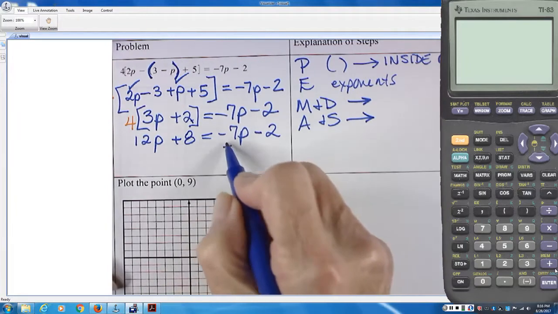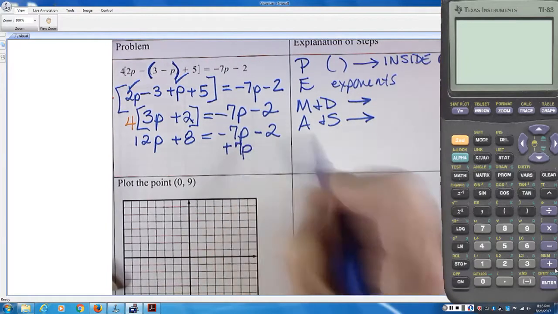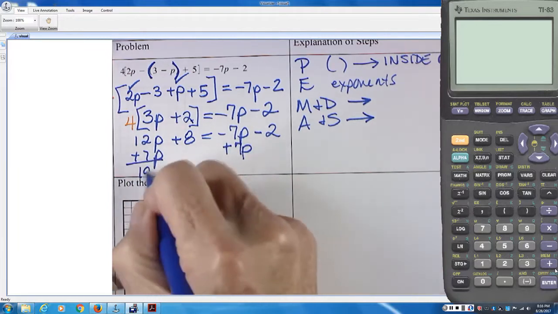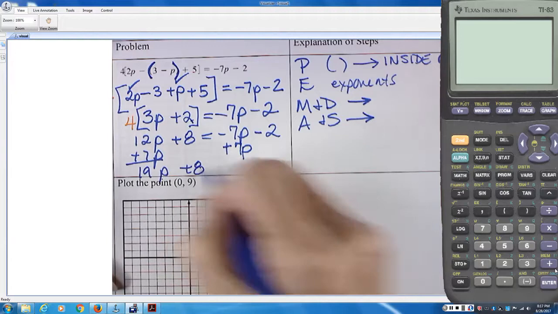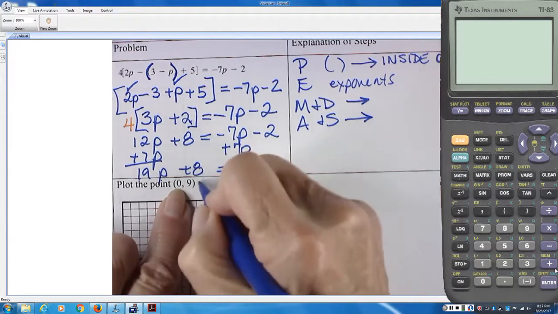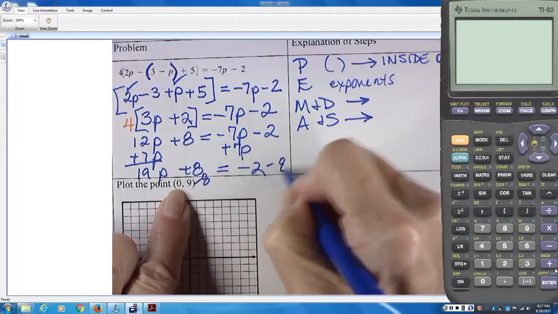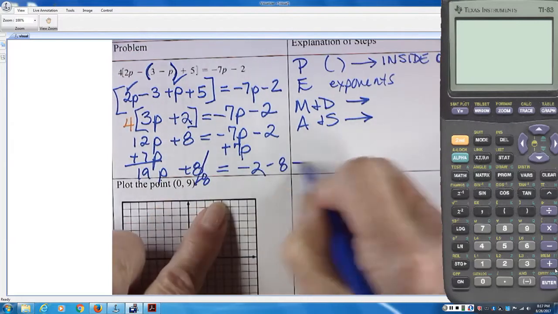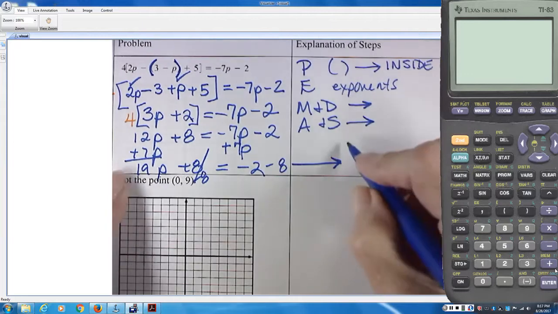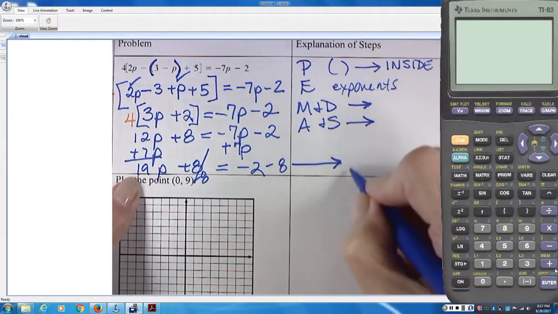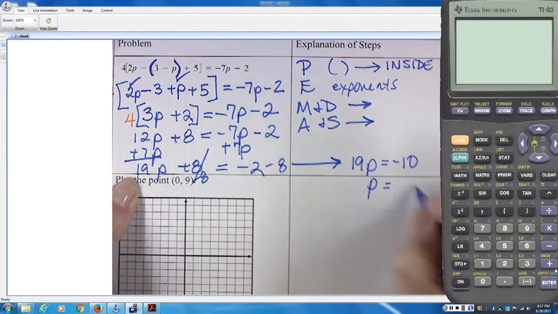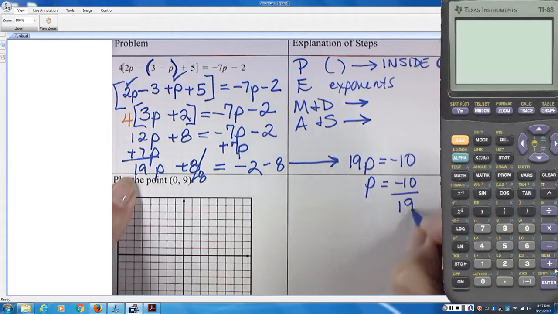Then I want 7p on the other side, so I add it since it's subtracted. And then I subtract 8 from both sides. So what I have at this point, and this time I am going to break my rule before I go down here in my graph grid, is 19p is equal to negative 10, and then p is equal to negative 10 over 19.